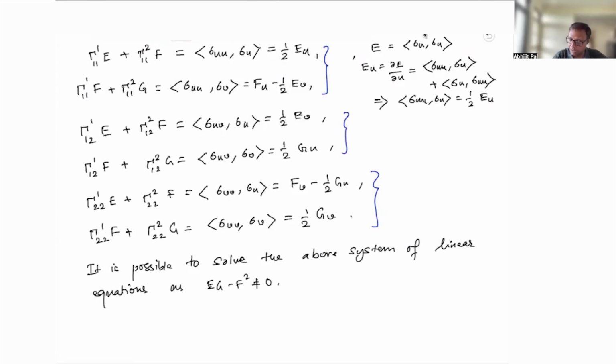Also note that the Christoffel symbol gamma k i j is a function of E, F, G and their partial derivatives.